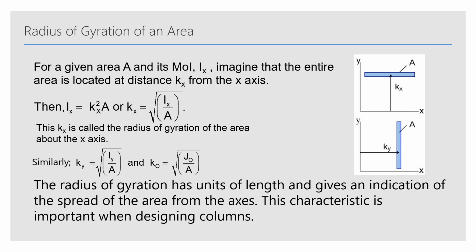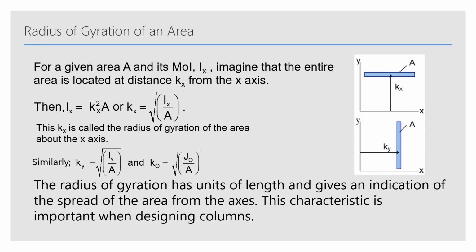Then Ix equals kx squared times A, or kx equals the square root of Ix divided by A. This kx is called the radius of gyration of the area about the x-axis.